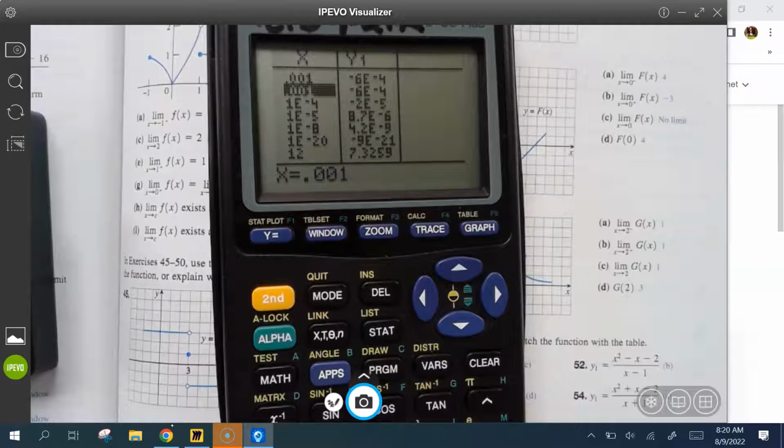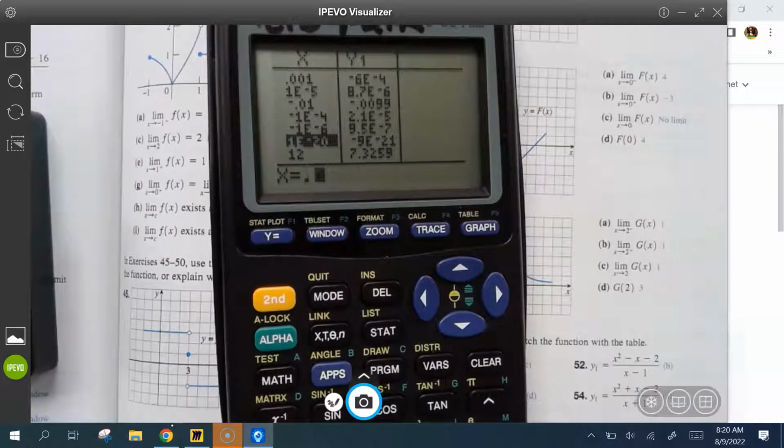It looks like it's approaching 0. Is that right? Is that what y'all got? Approaching 0 on the positive side. What about the negative side? It looks like it's approaching 0 from both sides. Does that make sense? Y'all remember what that E means, right? Just scientific notation. 0.1.